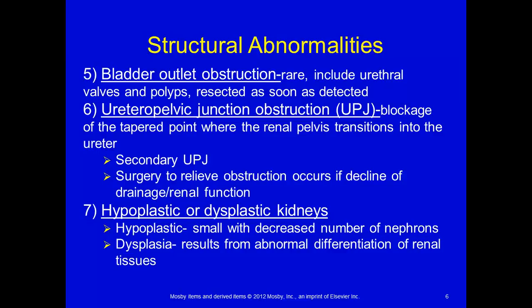And then dysplastic kidney basically results from abnormal differentiation of renal tissues. What I mean by that is, these dysplastic kidneys are really characterized by just funky structure. So really primitive, non-functioning glomeruli and tubules. You'll see a lot of cysts, abnormal little growths in these kidneys.